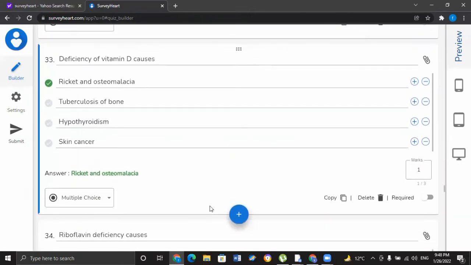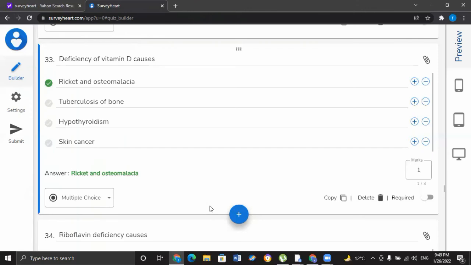Deficiency of vitamin D. If there is a deficiency of cholecalciferol or calciferol, what happens? As we discussed earlier, vitamin D is responsible for the absorption of calcium in bones.